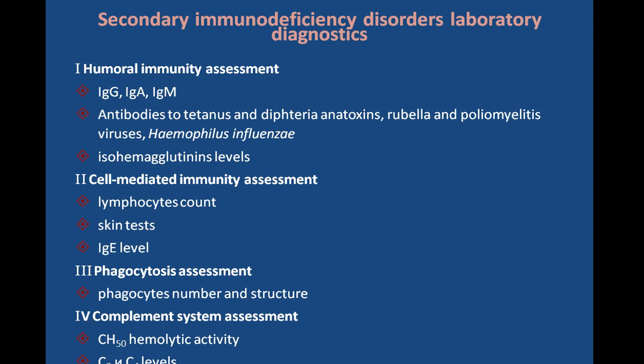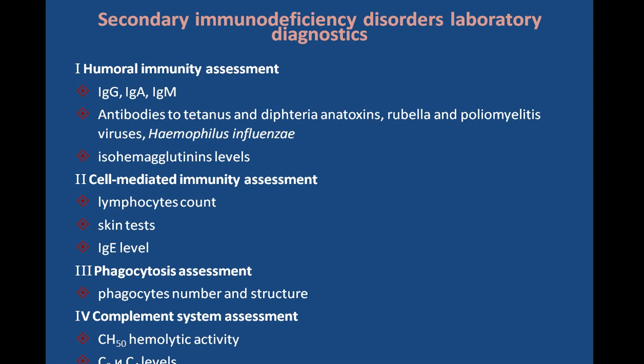Secondary immunodeficiency disorders laboratory diagnostic. What is necessary to do? Humoral immunity assessment: immunoglobulin G, immunoglobulin A, immunoglobulin M. Antibodies to tetanus and diphtheria anatoxins, rubella and poliomyelitis viruses, Haemophilus influenzae, as well as hemagglutinin levels.